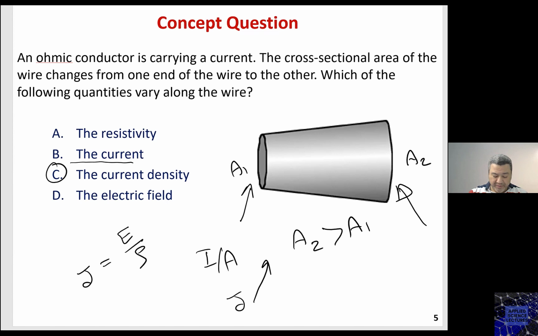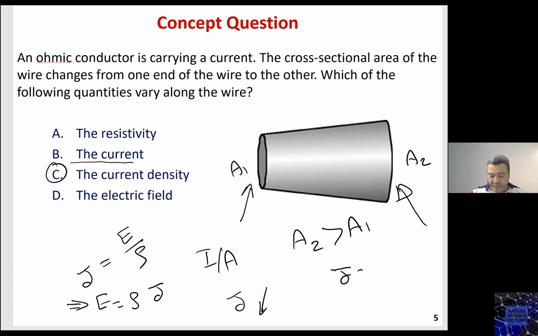And here, the electric field is a function of the current density. So the electric field is rho J. J is decreasing because the cross section is increasing. So J will be decreasing.